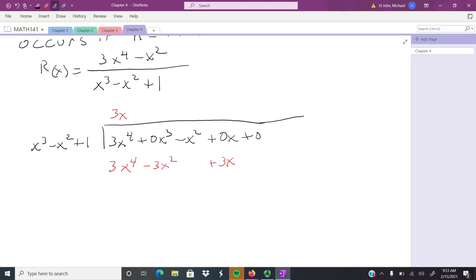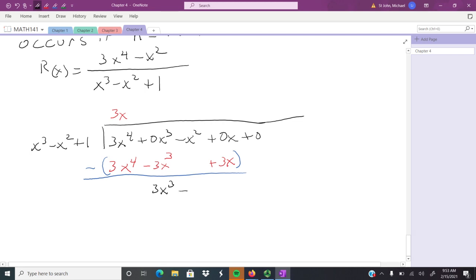And then the next step is to subtract. 3x to the fourth minus 3x to the fourth is 0. 0 minus a minus 3x cubed is going to be 3x cubed, and I should change that; this should be cubed.